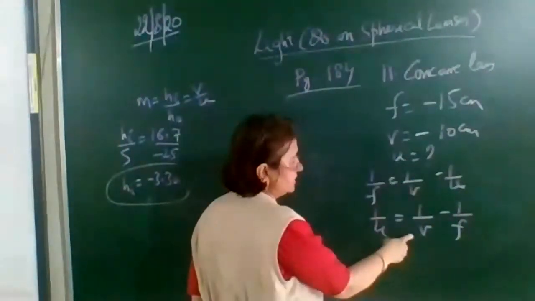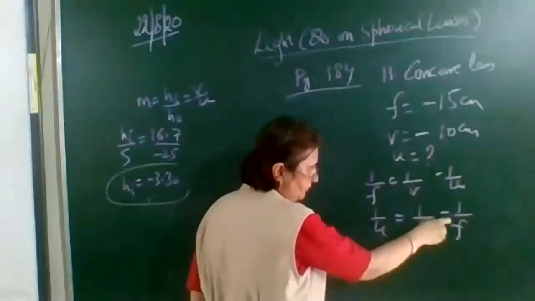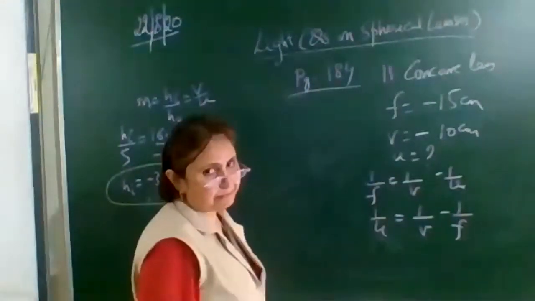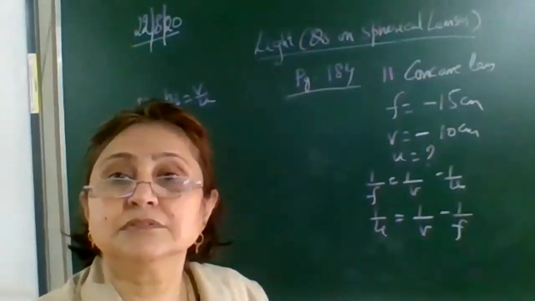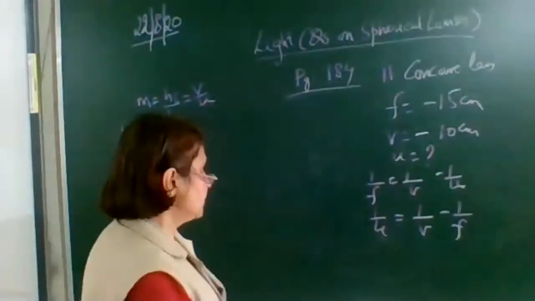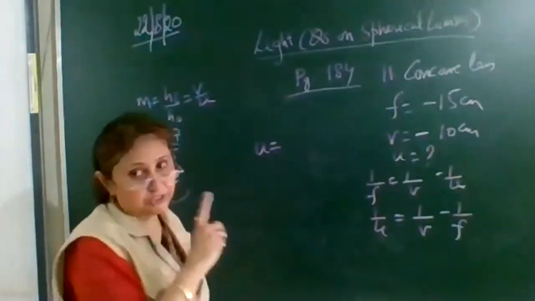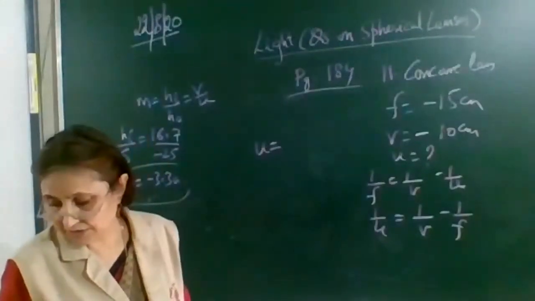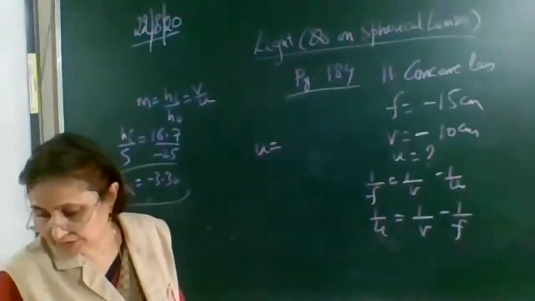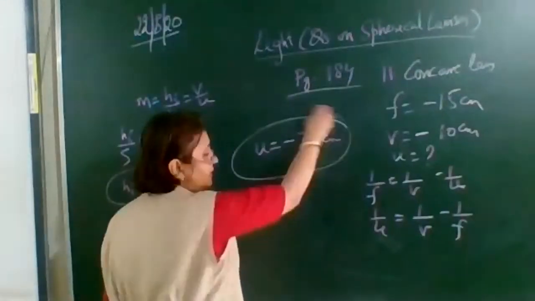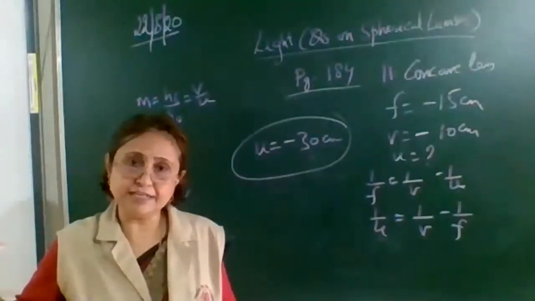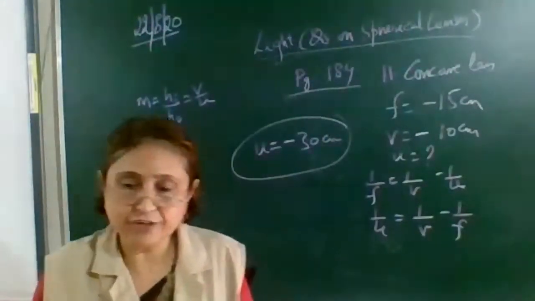V is minus 10, f is minus 15, so minus into minus, this will become plus 1 by 15. Yes, what do you get? U distance is equal to, it should come in negative. We should get the answer minus 30 centimeters. That is, the object is placed 30 centimeter, negative sign means to the left of the lens.